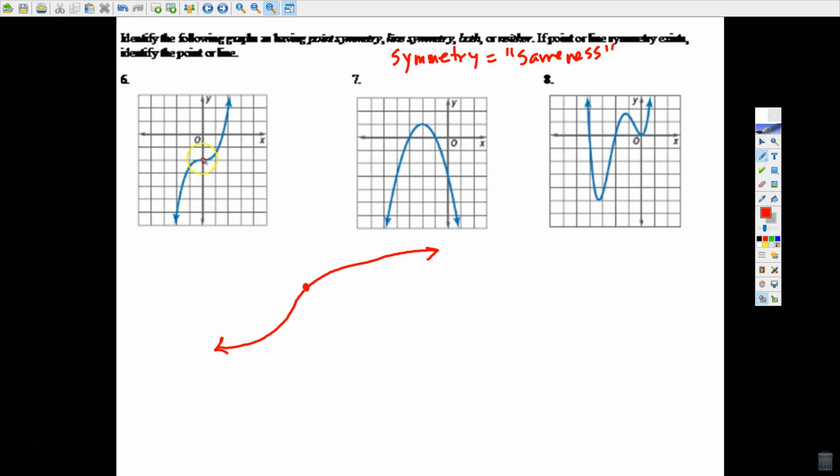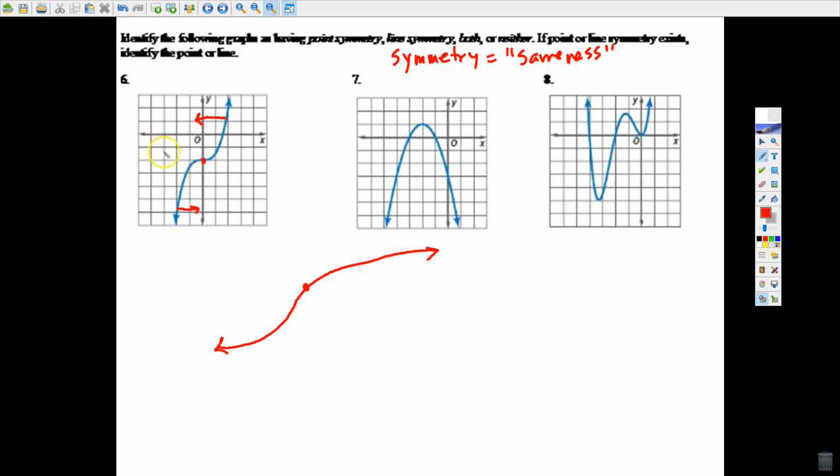Another way you can test for point symmetry is this. Just use your imagination and pretend this is like a spinner, and you took the ends of this graph and rotated or spun it around just halfway, 180 degrees. Would it put this back in its original position, or would it create sameness when you rotate? Hopefully you can see that the answer would be yes.